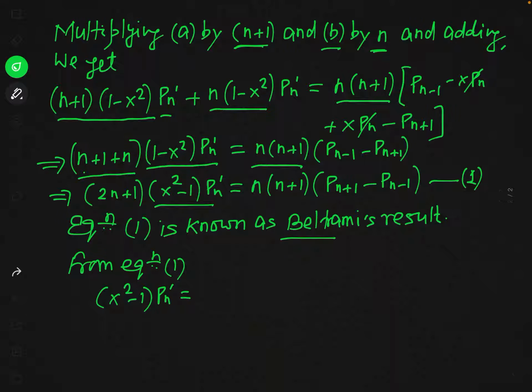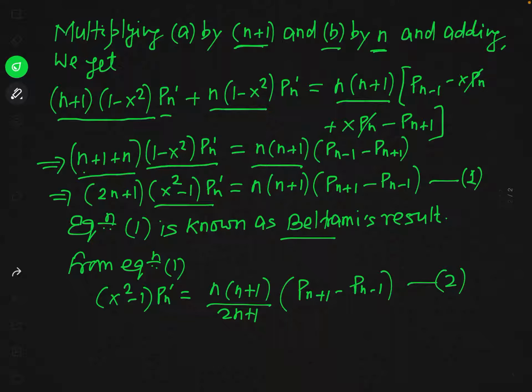This is simply n into (n plus 1) over (2n plus 1) into (Pn plus 1 minus Pn minus 1), and let us say this is equation 2.